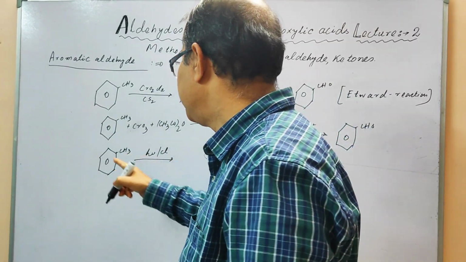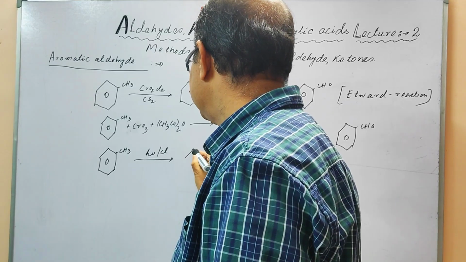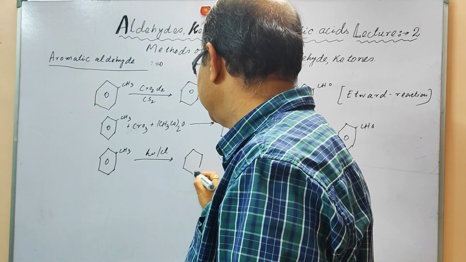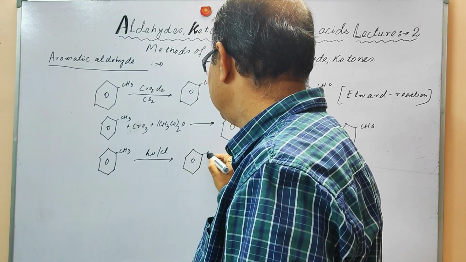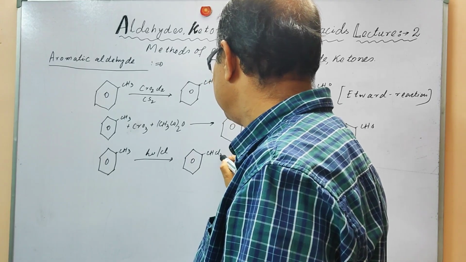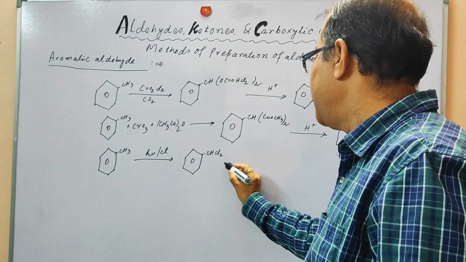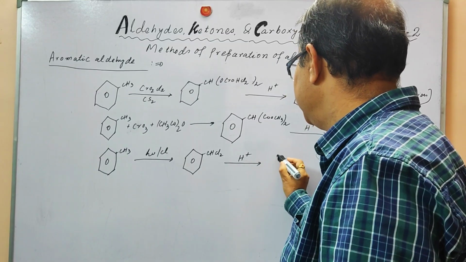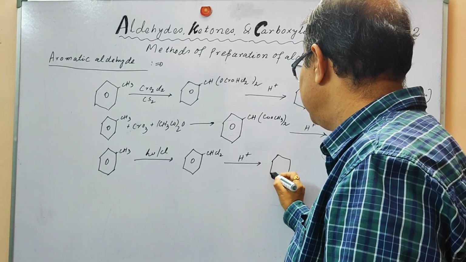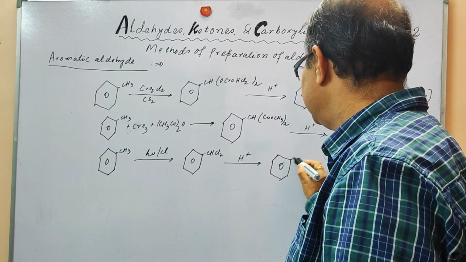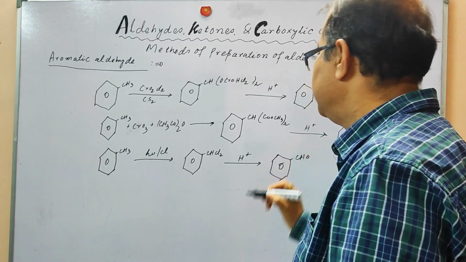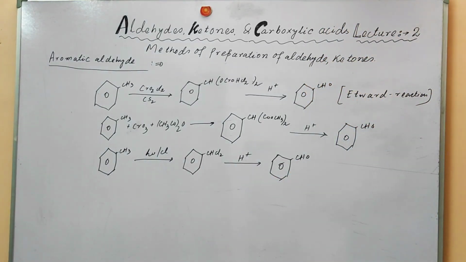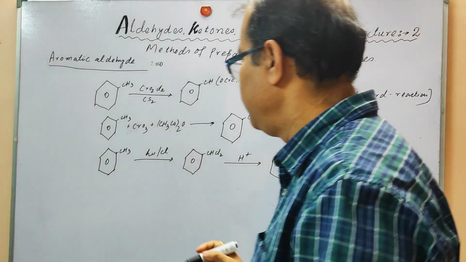Side chain halogenation of toluene will produce benzyl chloride. This is benzyl chloride, and when it is hydrolyzed, it will produce benzaldehyde.